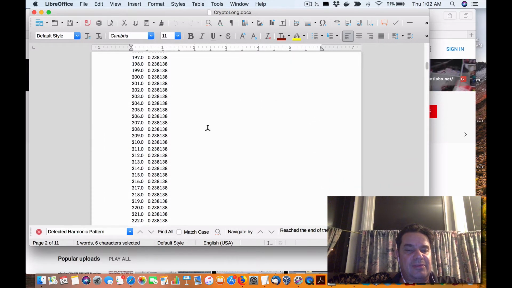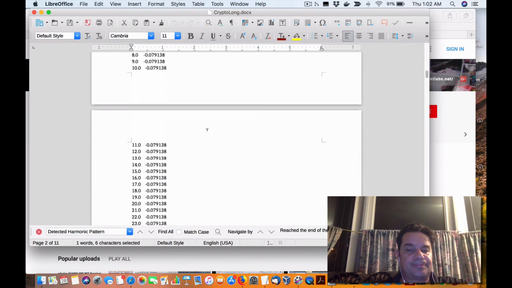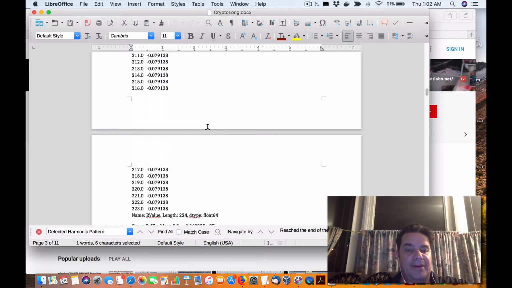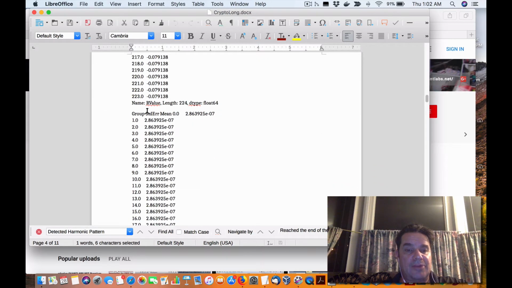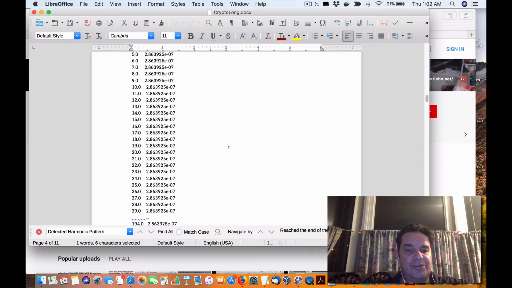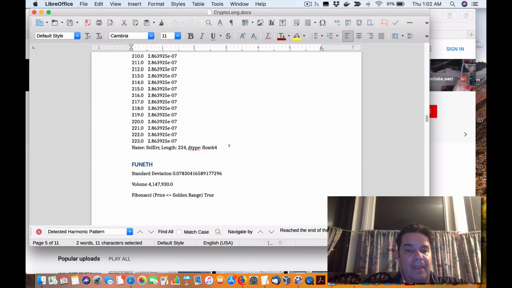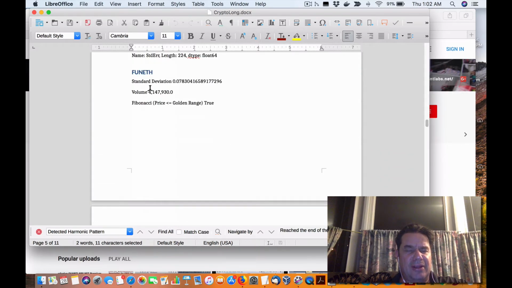Maybe you've seen these reports prior. And we also have a group standard mean, which is really the volatility. And here's the specific cryptocurrency pair, the fun Ethereum.